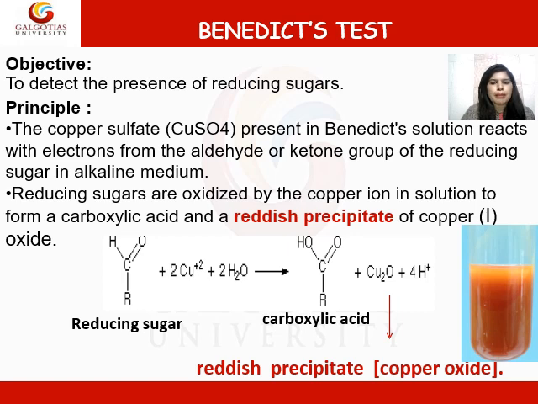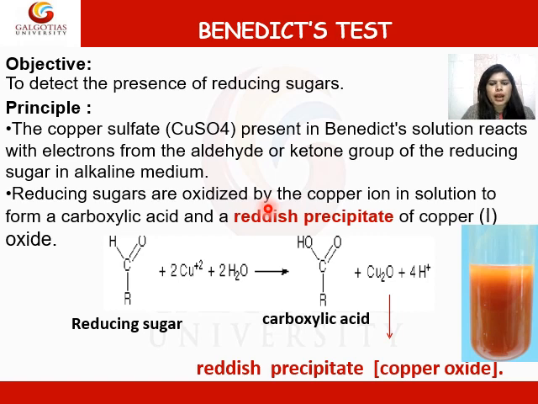Cuprous ion combines with the hydroxyl ion to form yellow cuprous hydroxide, which upon heating is converted to red cuprous oxide. So Benedict test is used for detection of reducing sugar. Copper sulfate present in the Benedict solution reacts with the electrons from the aldehyde or ketone group of the reducing sugar in the alkaline medium.